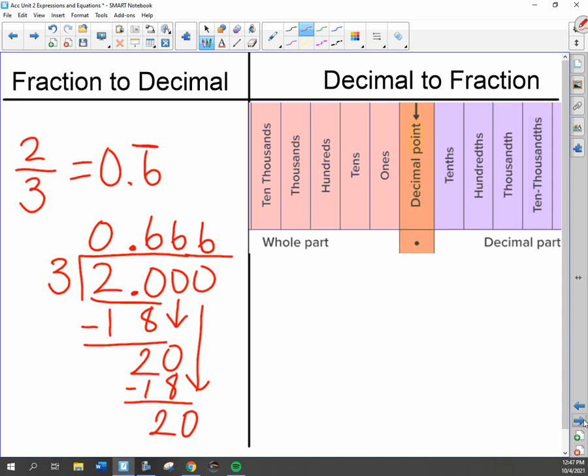So how do I take a decimal to a fraction? Well, that's where the place value chart comes in. If you know your place values, all you have to do is read the number using your place values, and then put it into fraction form. And I'll show you how that works. So let's say I have 0.6.